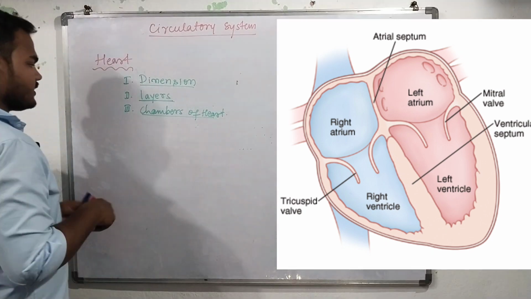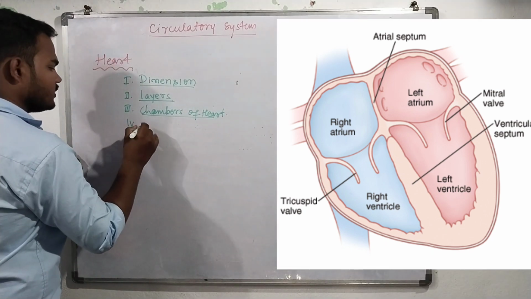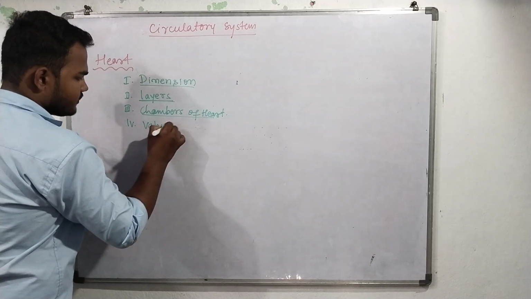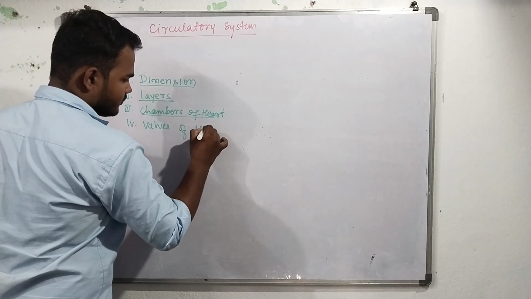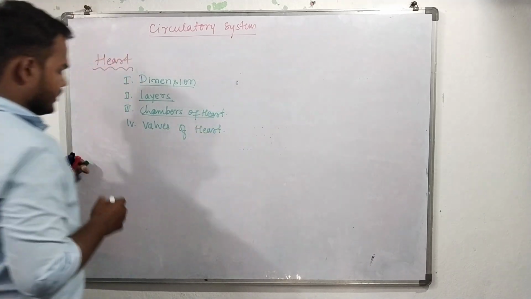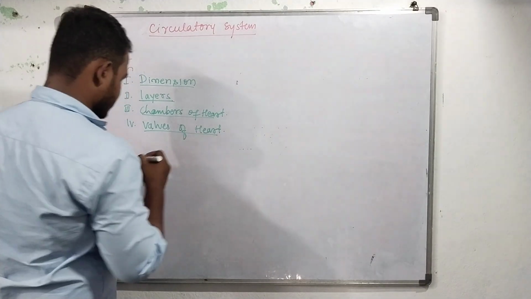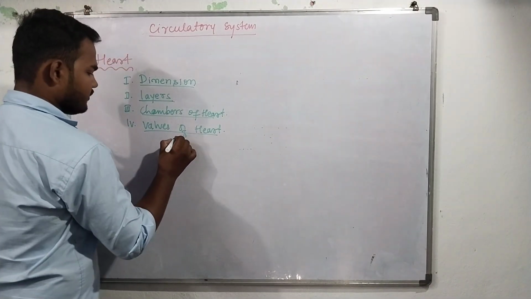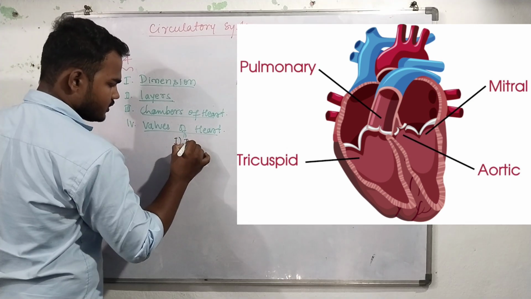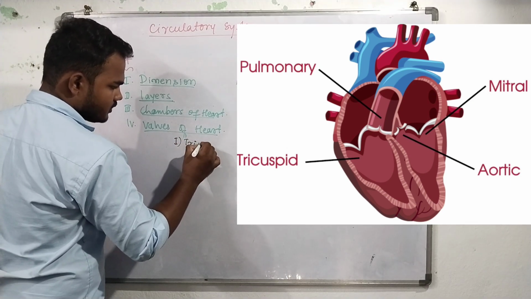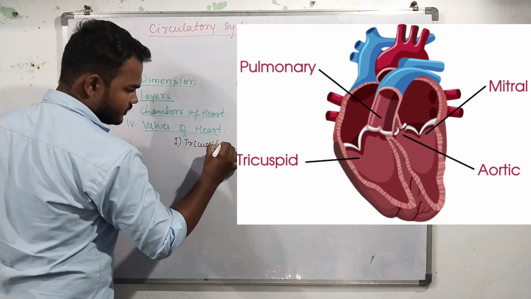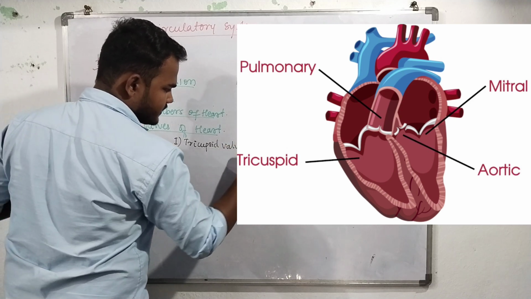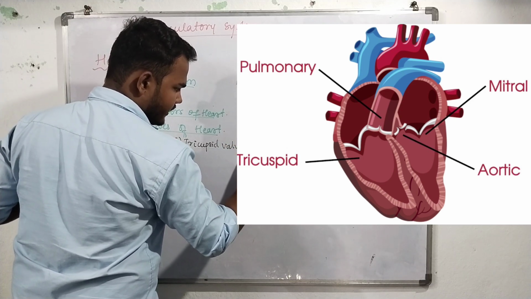Now, yes, next is fourth, valves of the heart. They are basically four valves of the heart. First is tricuspid valve, present in the right side between atrium and ventricle.